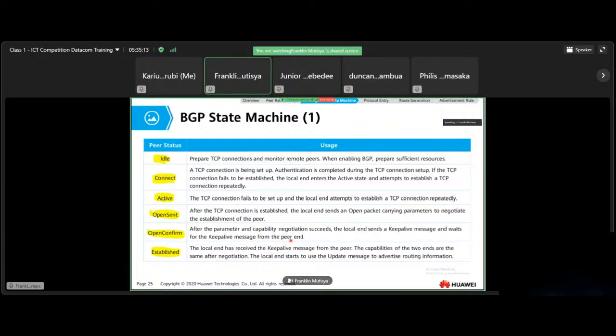Once keep alive messages are acknowledged, we transition to the established stage. The established stage indicates that the two routers can now send update messages to each other. Update messages are used whenever we are advertising routes in the BGP network.